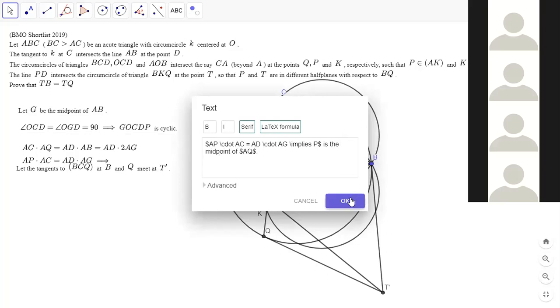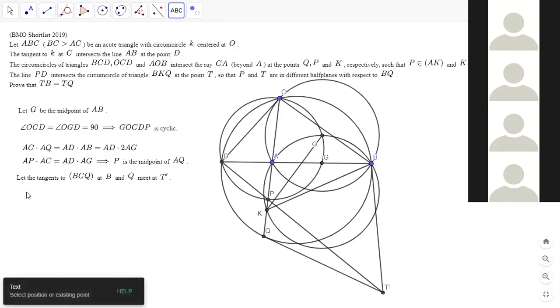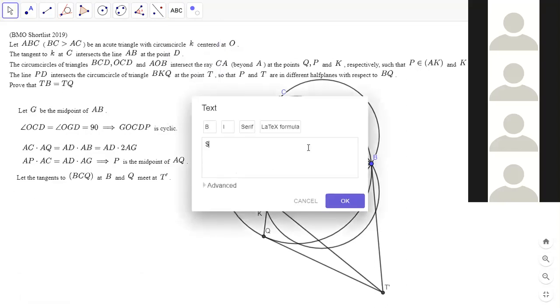All right, so we can combine these two together to get that. And then we let the tangents meet at T prime. And then this is a median of dBQ since it's a median of dAQ. So basically we have dAQ is similar to dBQ. That means that AQ and BQ are anti-parallel.